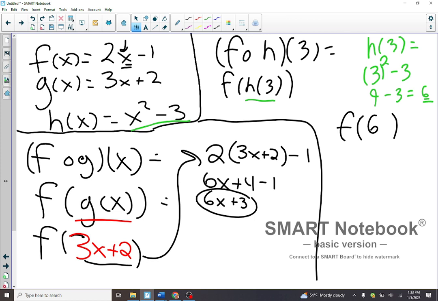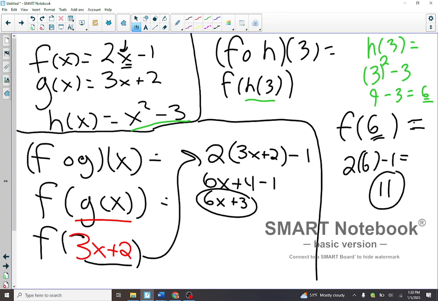H of 3 equals 6, because when I plug in 3, 3 squared minus 3, 9 minus 3 is 6. Did you then plug in the 6 for that equation? Into the F equation. Good. Now I'm going to take the 6 and plug it into the F equation. Before I had to plug in a whole equation. Now I just plug in a number. So 2 times 6 minus 1 equals 11. So your final answer here is 11.